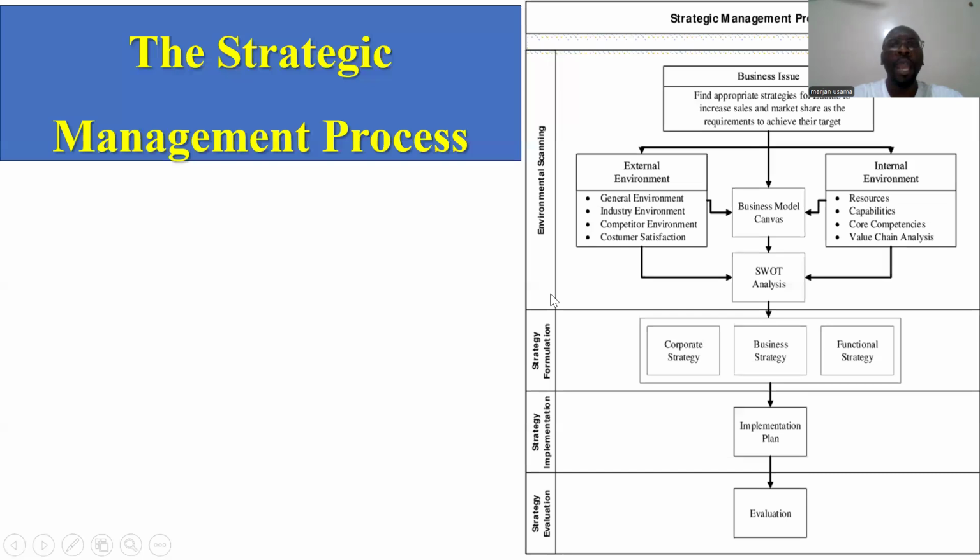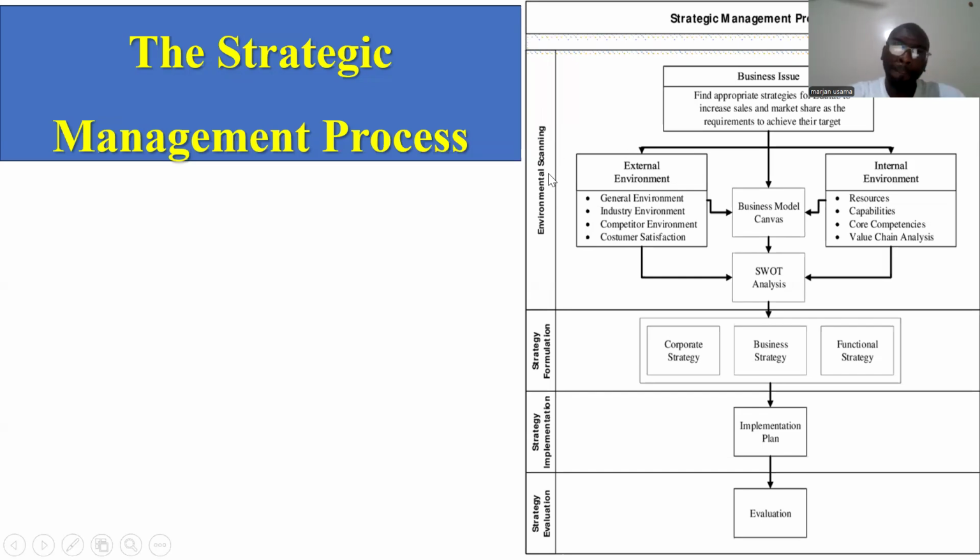Now, as we cover our lesson today, it's very important to understand this diagram. Remember that we said we have the strategic management process. And when you are talking about the strategic management process, there are four things that are involved. I need you to focus with the diagram.